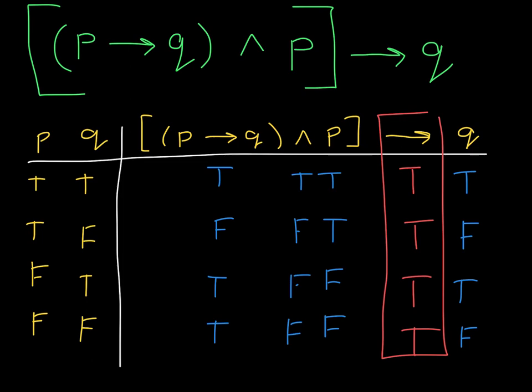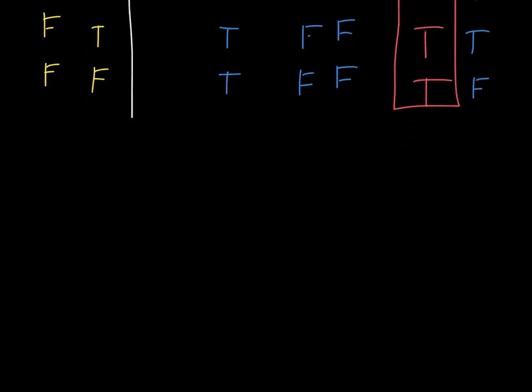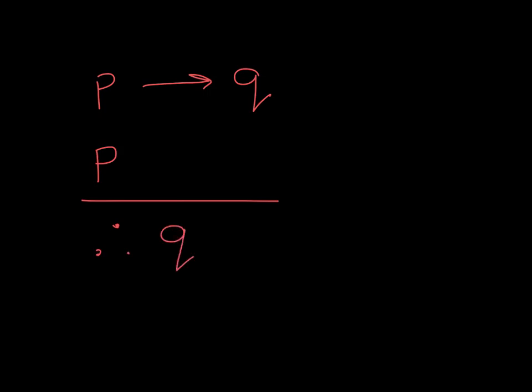All right, so I want to conclude something very important here for us, and that is whenever we have an argument of this form, if P, then Q, and then we have that statement P as your second premise, then we can conclude that Q will happen.